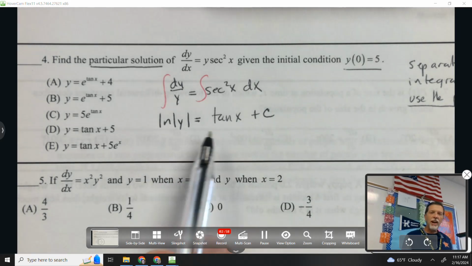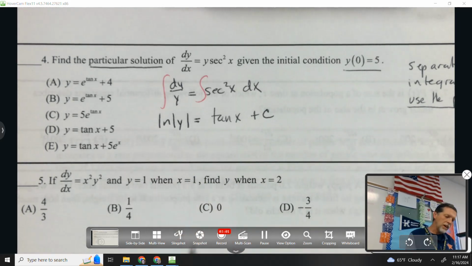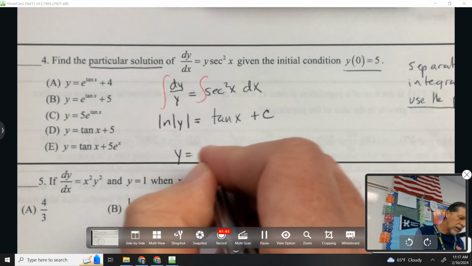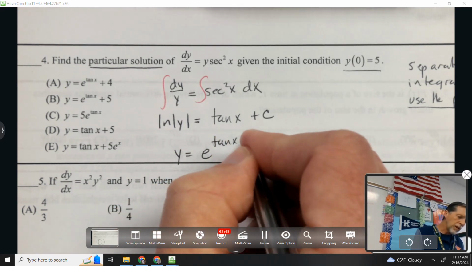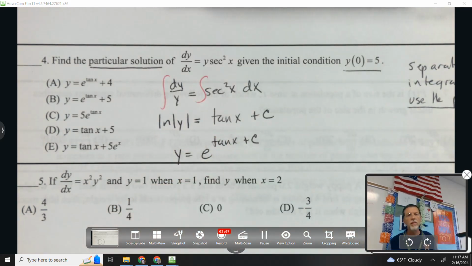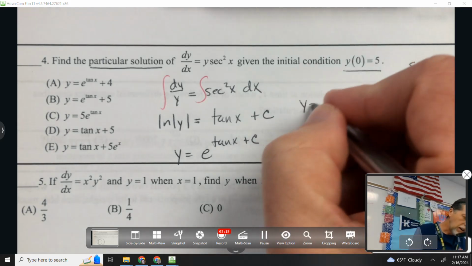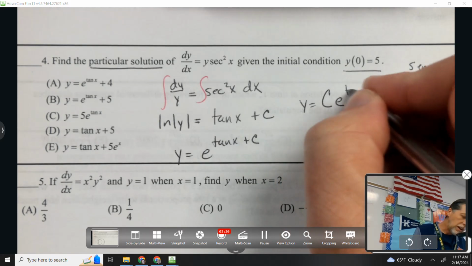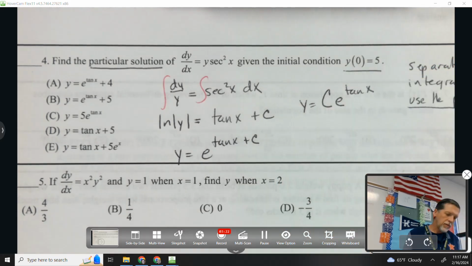Okay, now we start the algebra dance. E to the other side. So e to the tangent of x plus c, which is kind of weird. But there's one more algebra step to this little dance, and that is move that c down front. So y equals c e to the tangent of x.